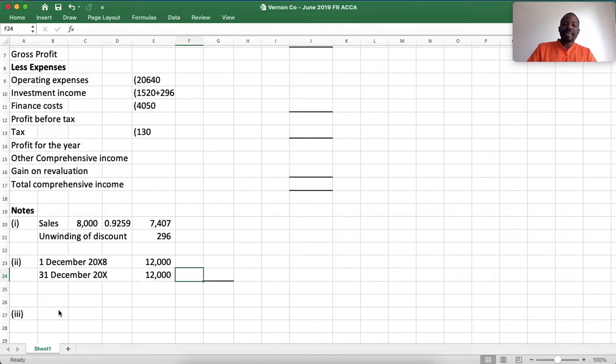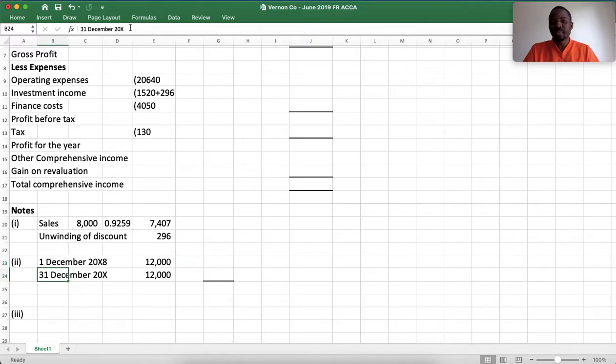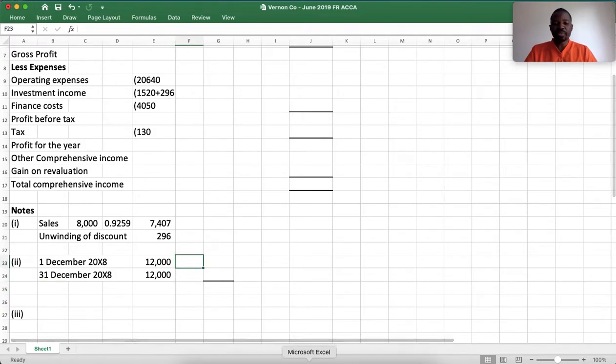At 31 December, it also remains unpaid, so the receivable needs to be translated again.